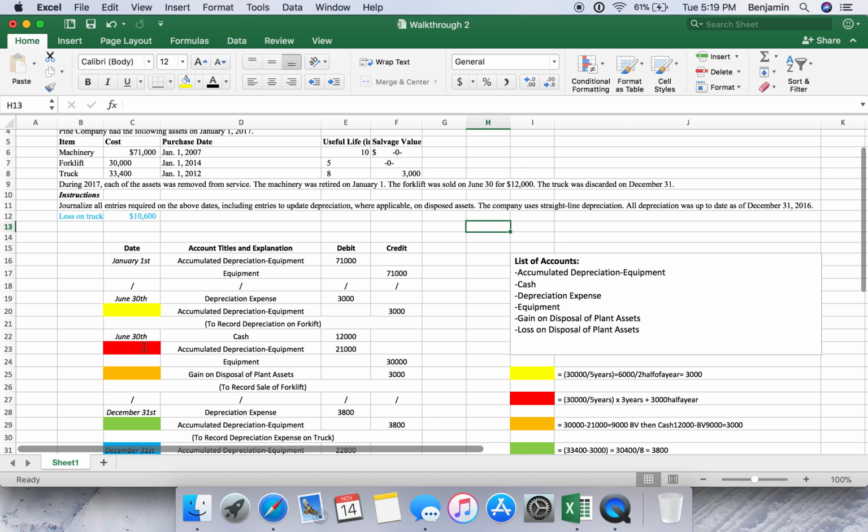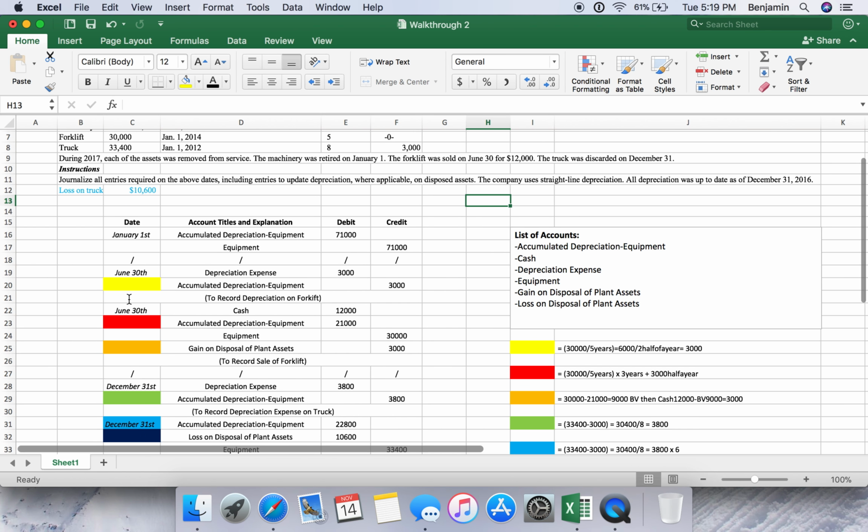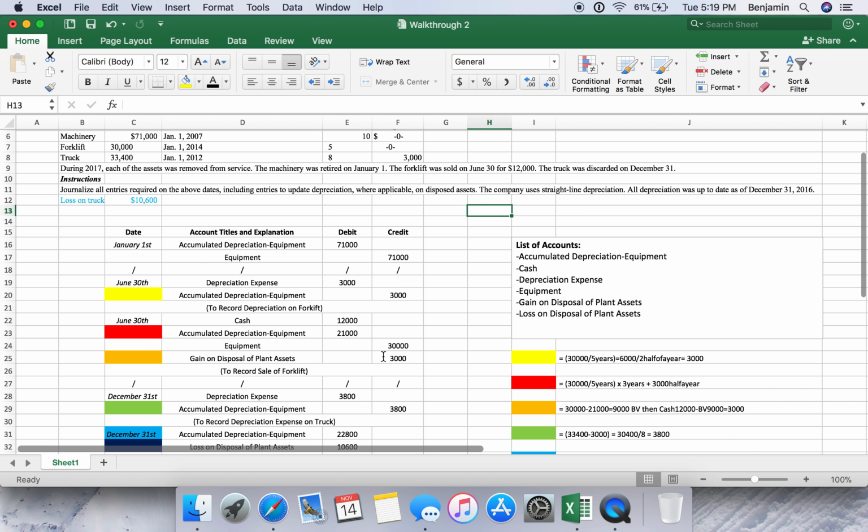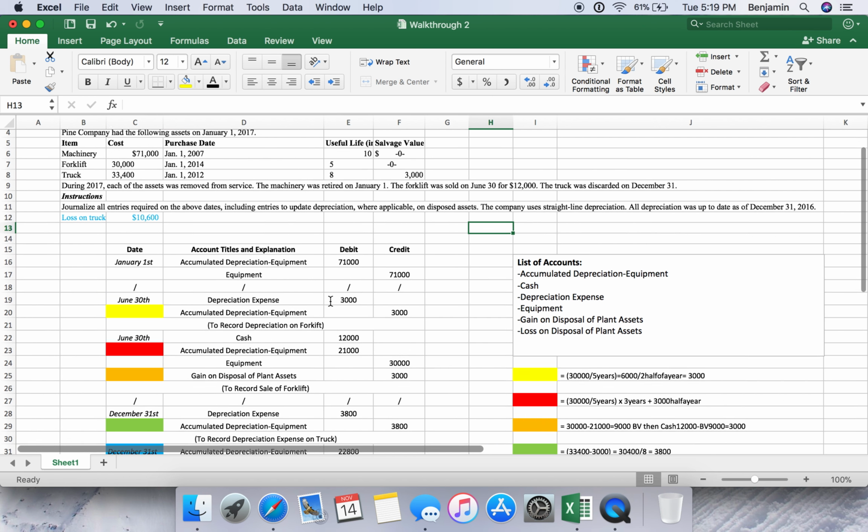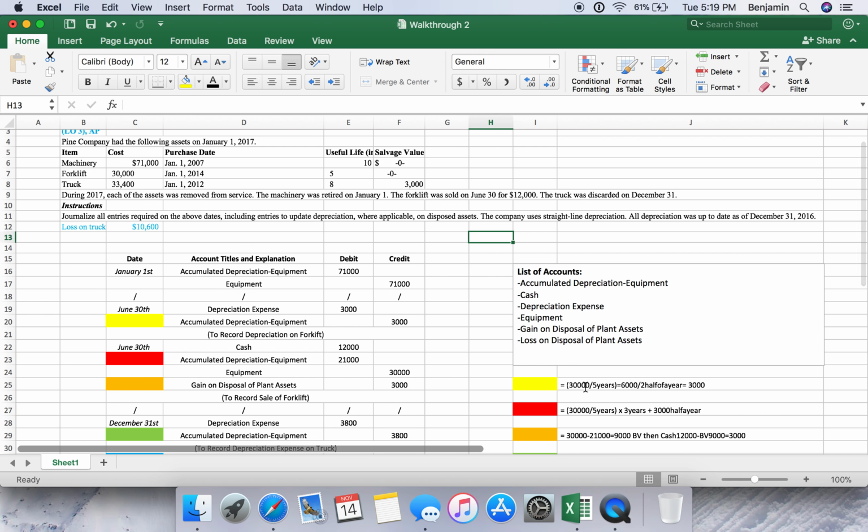As you can see, I've highlighted here a couple of the things that we need to have formulas for. The first one is accumulated depreciation and depreciation expense. In order to figure out how much has depreciated, we take the cost of the equipment minus the salvage value, but since the salvage value is 0, we just take the cost and divide it by its useful life, which is 5 years.